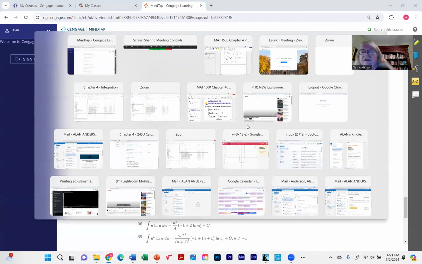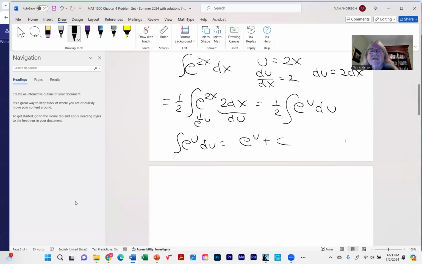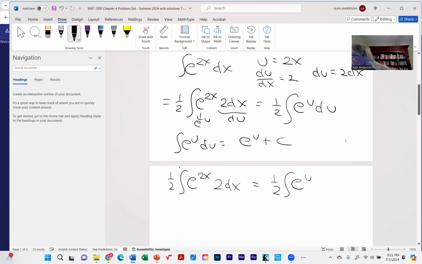Okay, so that means that the integral of this first term, because it's already in the form e to the u du, ends up being 1/2 e to the u plus c.